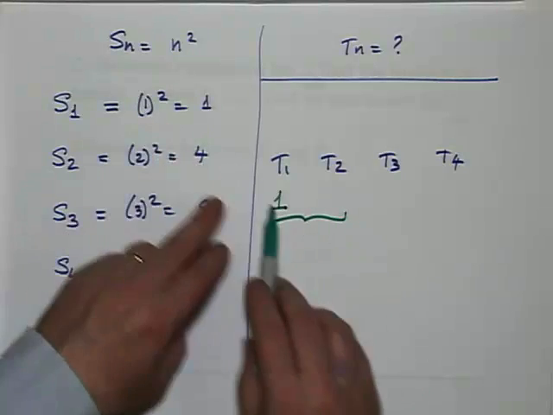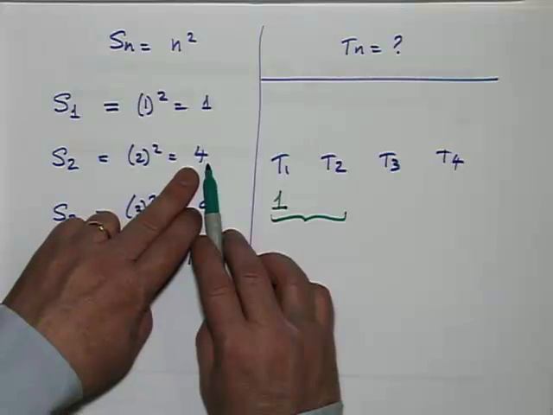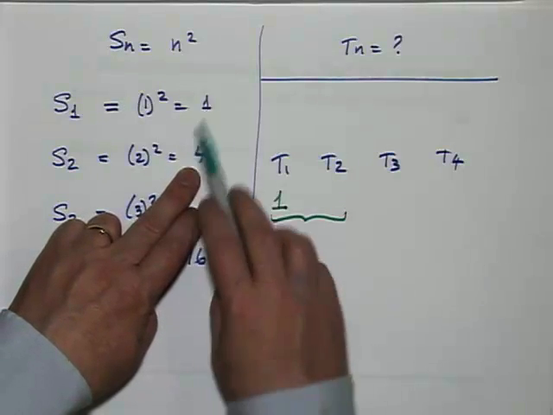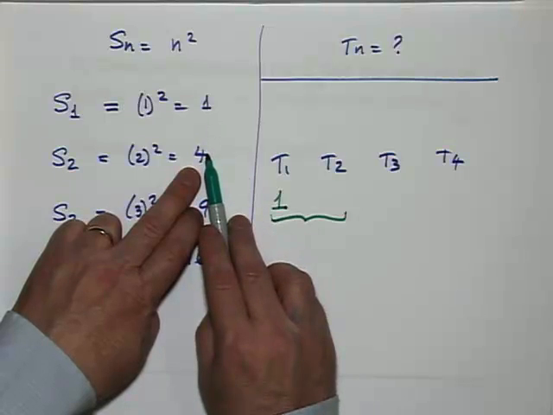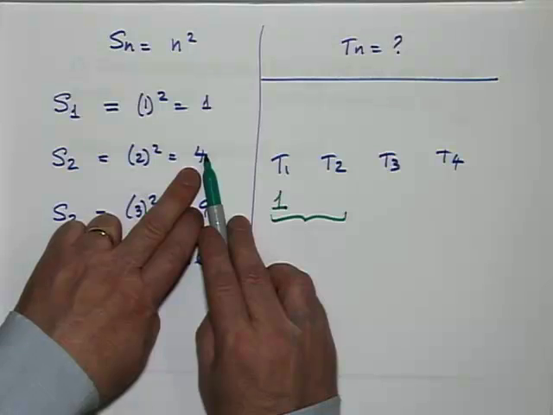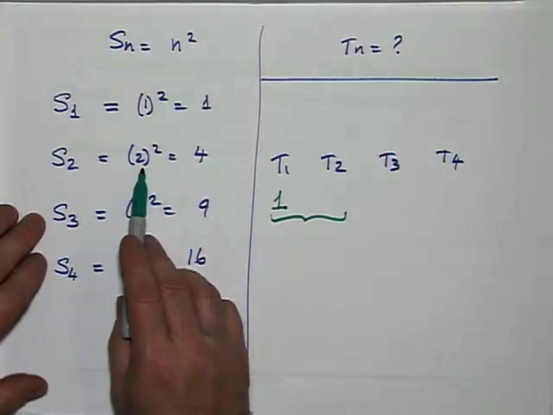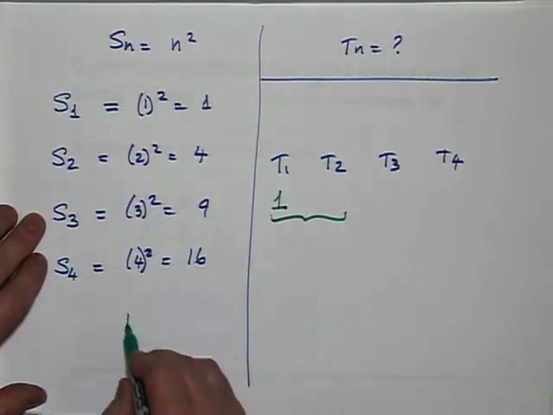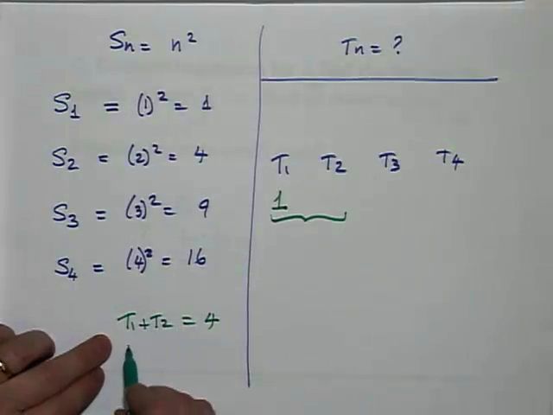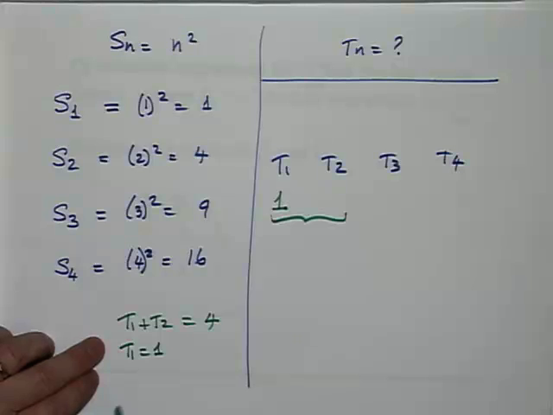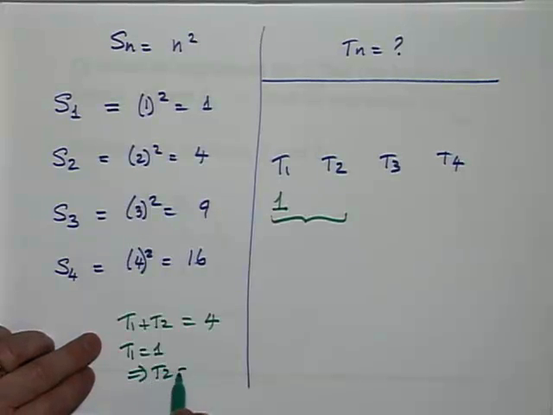So we know that 1 plus something is going to be equal to 4. What do you reckon that something is? 1 plus what is 4? Might be 3, would it? Is that okay? So really what we're saying, though, is S2, that T1 plus T2 is 4. But T1 we know is 1. Therefore, T2 is 3.